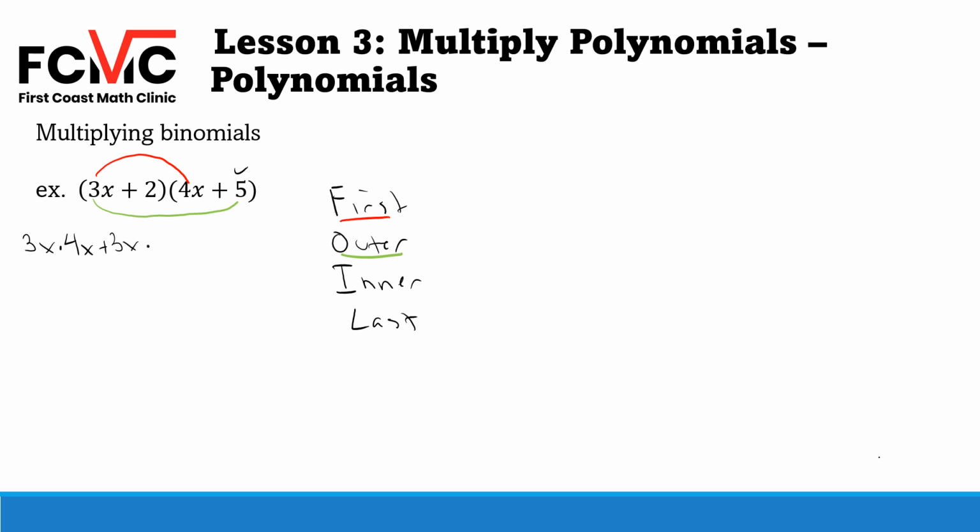So 3x times 5. Our inner is going to be the innermost terms in the parentheses, so 2 and 4x. Then the last term, so the last terms in the parentheses, 2 times 5.